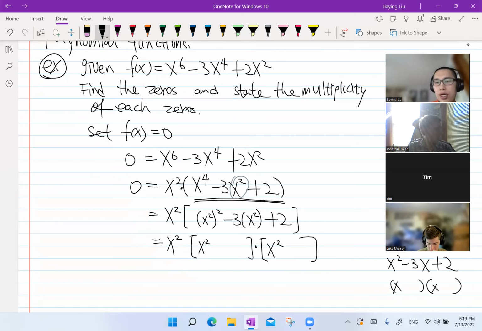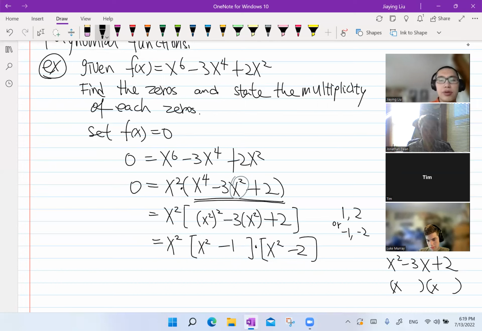And we want two integers that when we multiply give us 2, but when we add, we get negative 3. So when we multiply them to give 2, that's going to be either 1 times 2 or negative 1 times negative 2. But when we add them, we want negative 3. So the two integers are negative 1 and negative 2.